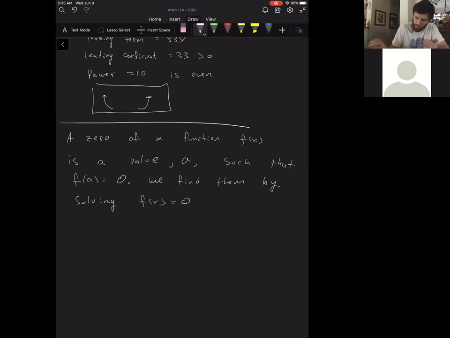So you're just setting an equation equal to 0 and solving for x. Those values that we find are called zeros. So we've done that several times throughout this semester. The only thing we haven't talked about is multiplicity. Sometimes when we solve a function for 0, we get the same answer twice. That means we'll have a multiplicity of 2.